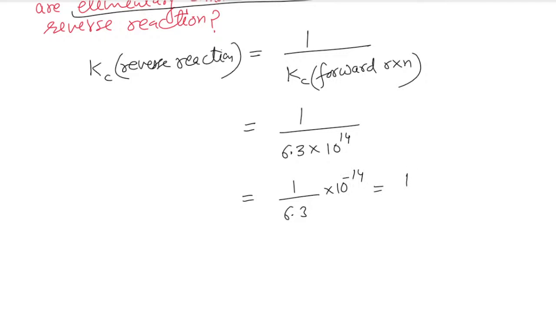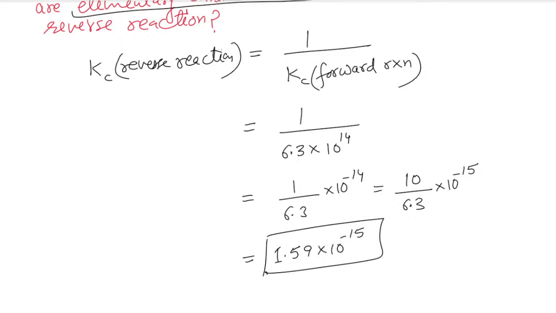That implies it is 10 upon 6.3 into 10 raised to power 15. So value comes out to be almost 1.6 into 10 raised to power minus 15. That's it. Very easy question. You can do it easily.